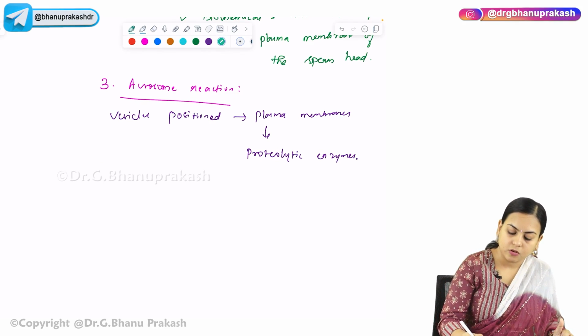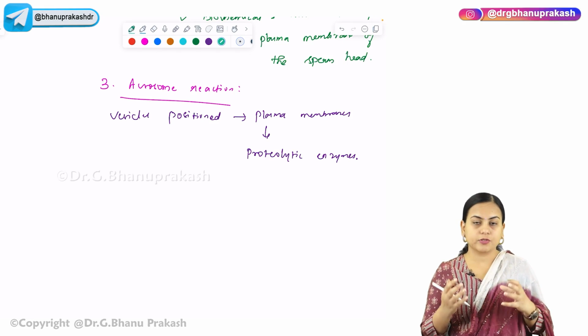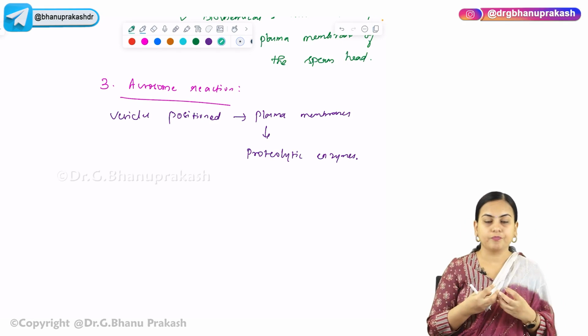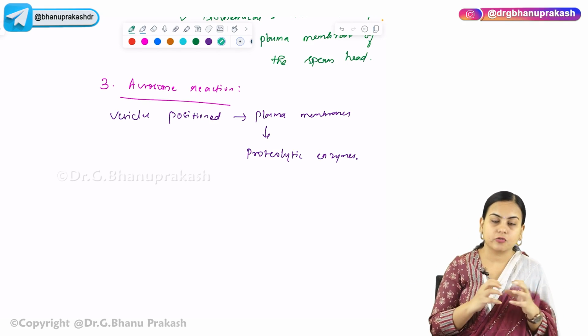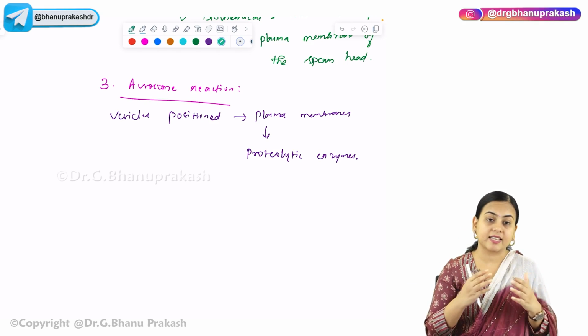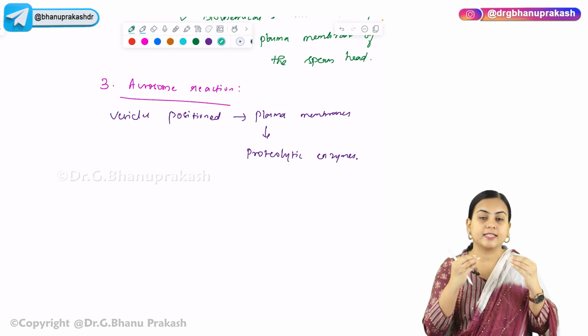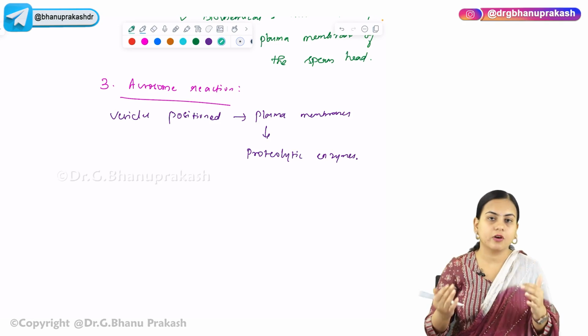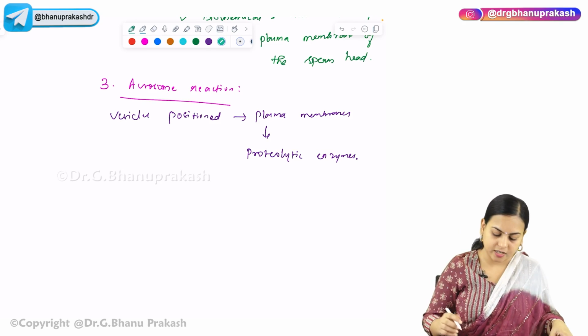With the acrosomal reaction, all these vesicles merge together and there is exocytosis, so that the enzymes present within these vesicles are released. Can you understand? Yes.